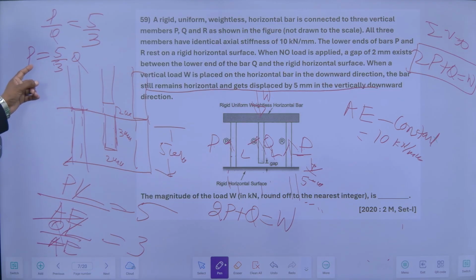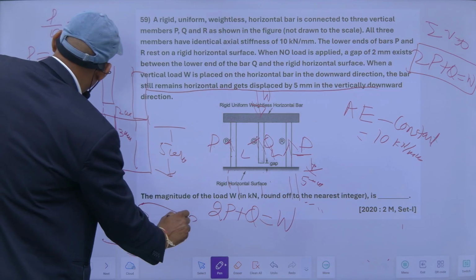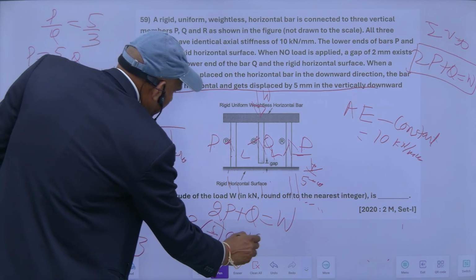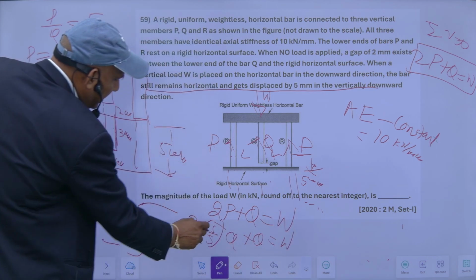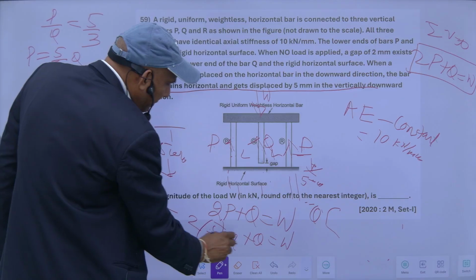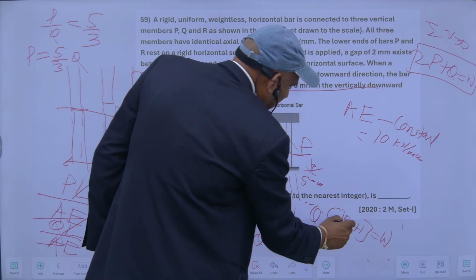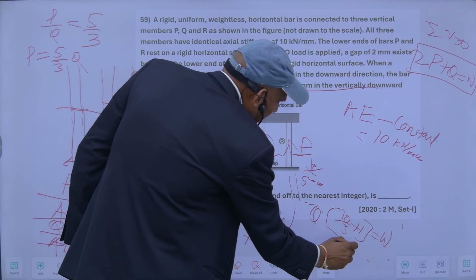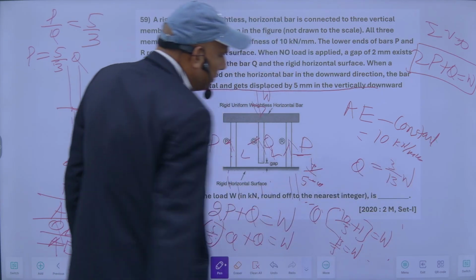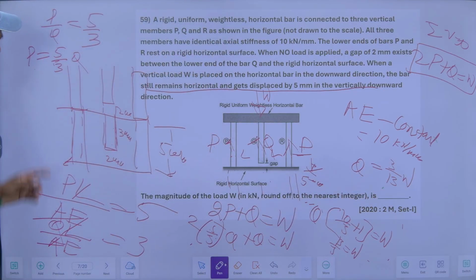If I put the value of P in this case, it will give 2 into 5 by 3 into Q plus Q is equal to W. So it will be 10 by 3 Q plus Q is equal to W. So this will be 13 by 3. So Q will be 3 by 13 W. So this is the value of Q. And what is the value of P?